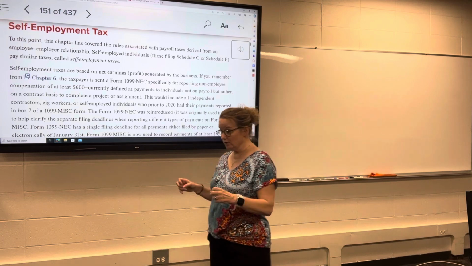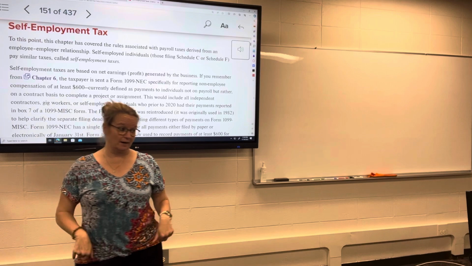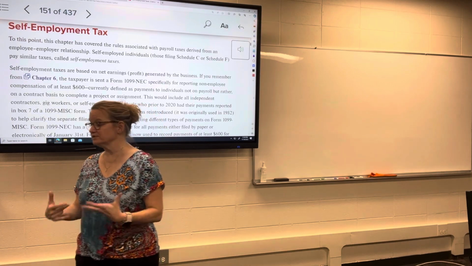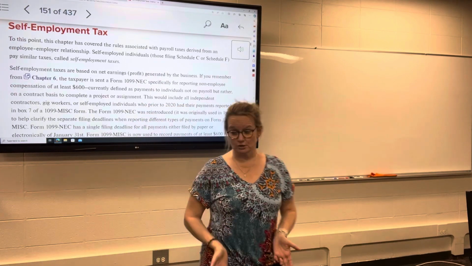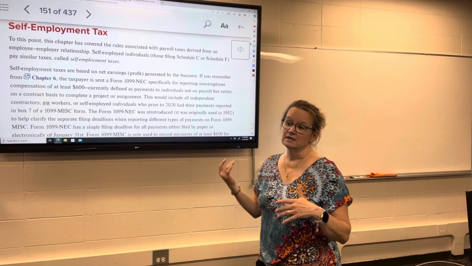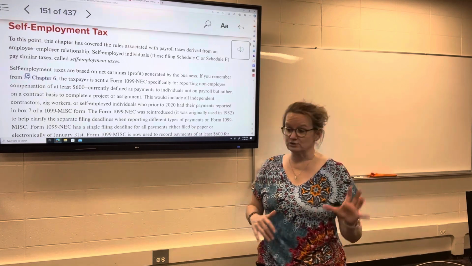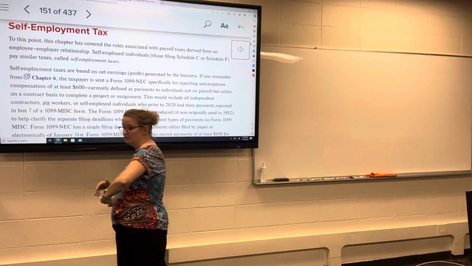The worker, the self-employed individual, is still required to report any income that they received, even if it wasn't reported on a 1099. But for the payer, they do not have a requirement to file a 1099 NEC until that total reaches $600. Again, per individual, per year.